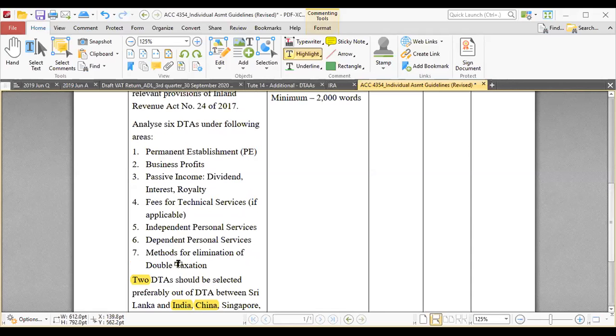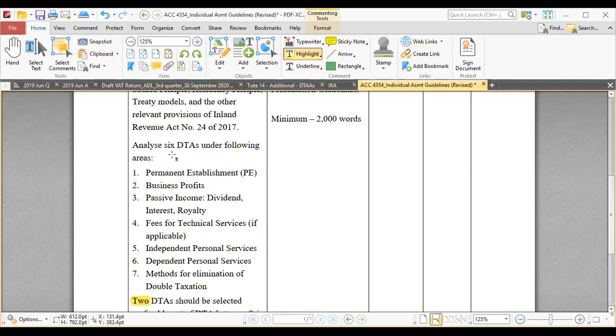These are the articles you need to analyze based on the DTAs. I will quickly go through them one by one. PE is permanent establishment, then business profit, and the passive income is mainly dividend, interest, royalty. There are 3 articles, so you can go separately: dividend, interest, royalty.